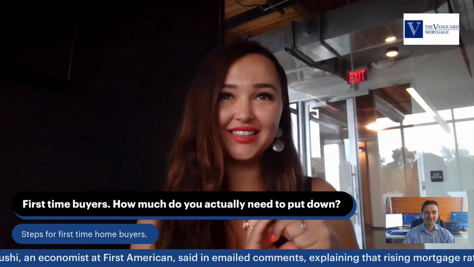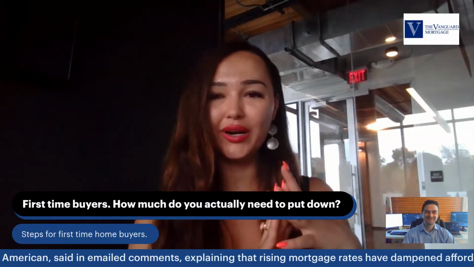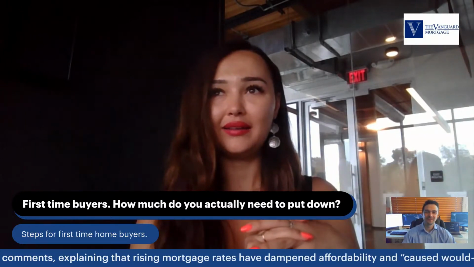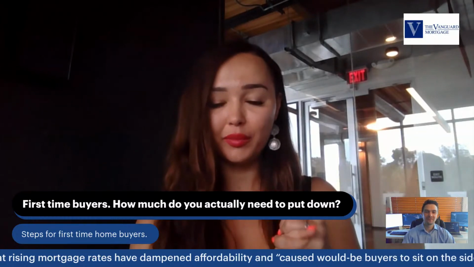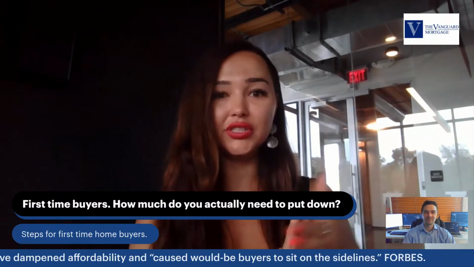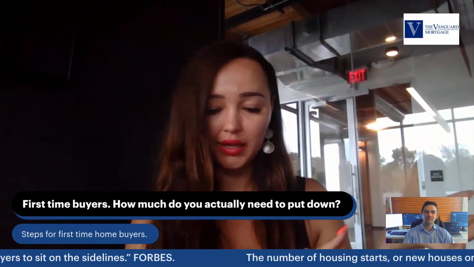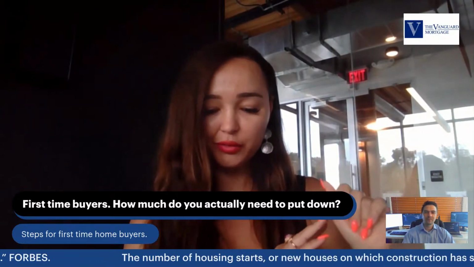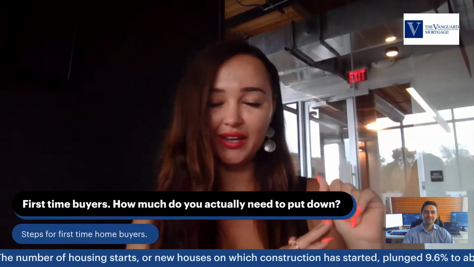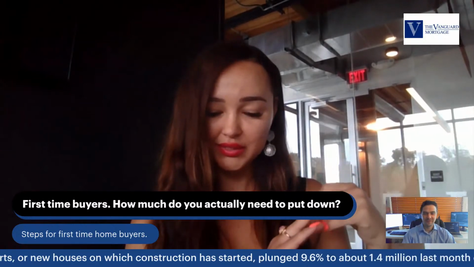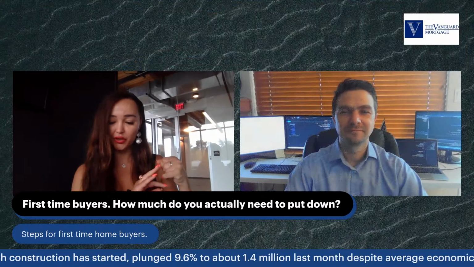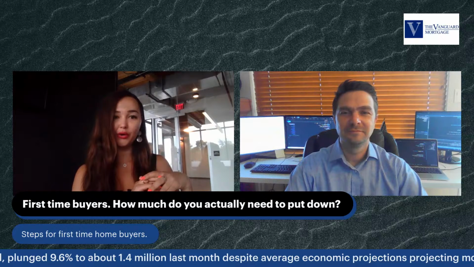Yeah, and then there are even programs like CalHFA, and I'm sure you know about this one. They came out with a new program called the Forgivable Equity Builder Loan. It gives you 10% of the purchase price of your home, and it's forgivable to the borrower after 5 years.